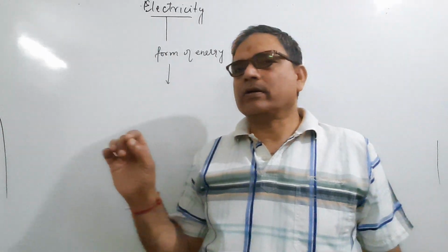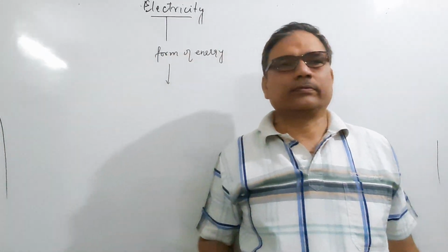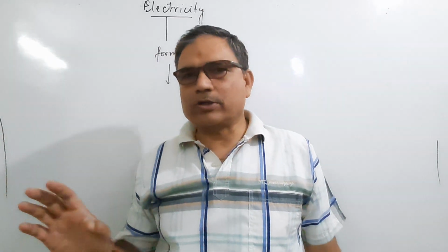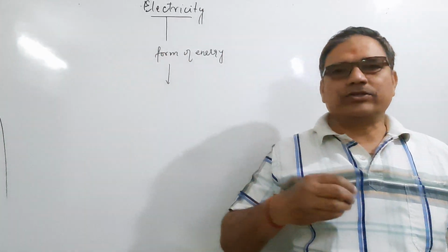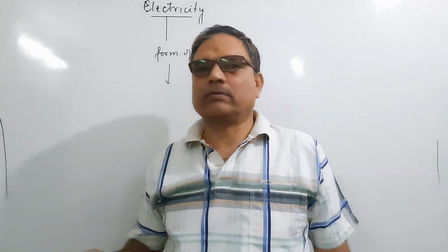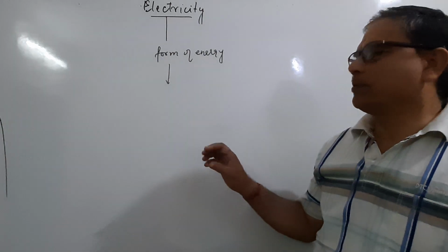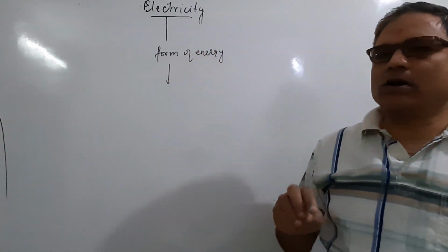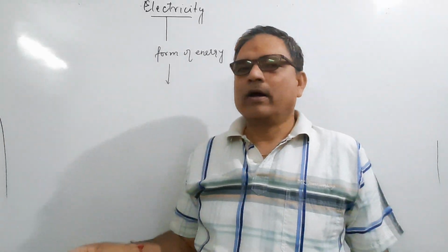Convenient to use means easy to transport, comparatively cheap, and easily available for all people. Therefore, we call it a controlled and convenient form of energy.